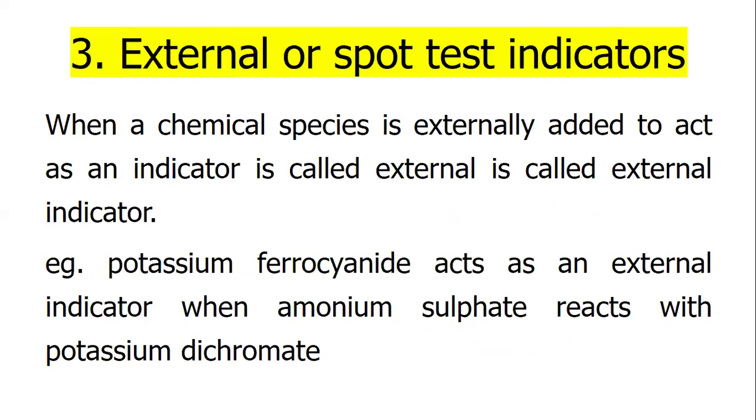External or spot test indicator: when a chemical species is externally added to act as an indicator, it is called an external indicator. Example: potassium ferricyanide acts as an external indicator with ferrous ammonium sulfate and potassium dichromate.